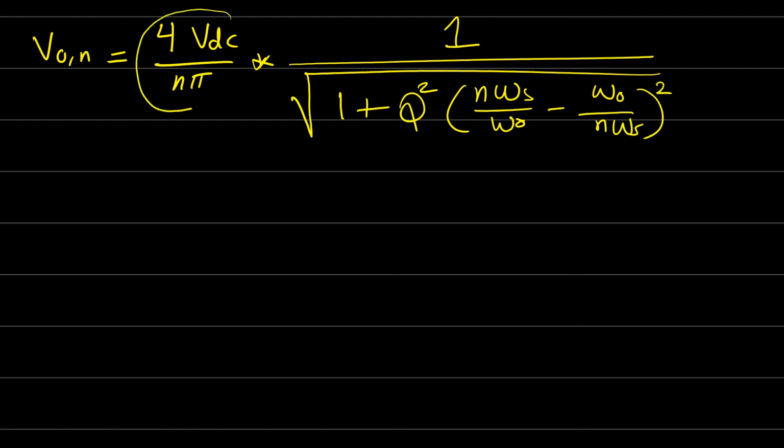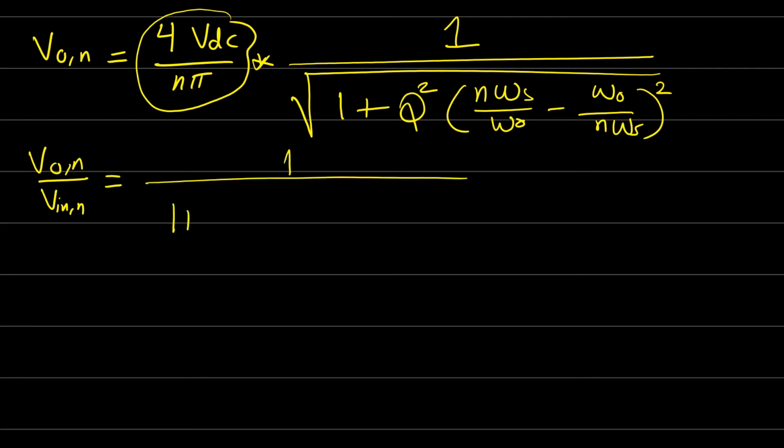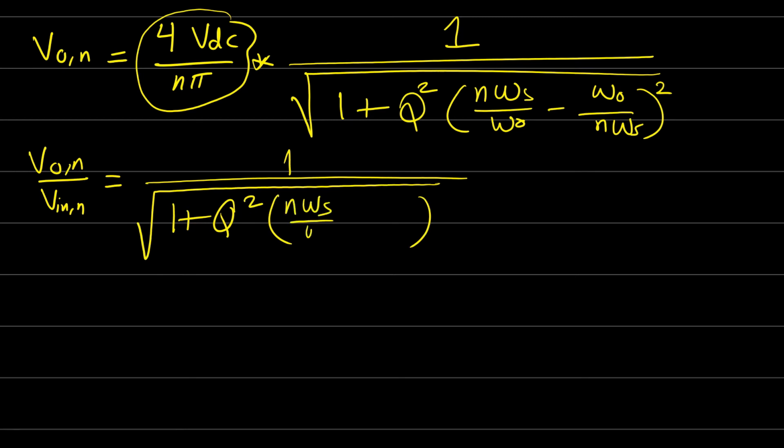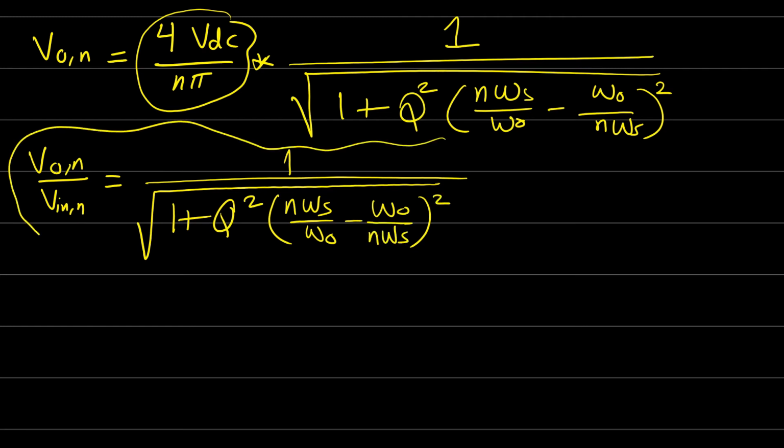Since VDC over n pi is the input voltage value, we can say that V out n over V input n is equal to how much? 1 over square root of 1 plus Q squared times n omega s over omega naught minus omega naught over n omega s, squared. Okay, and this is the relation between the input voltage and the output voltage with respect to the quality factor and the resonant frequency.